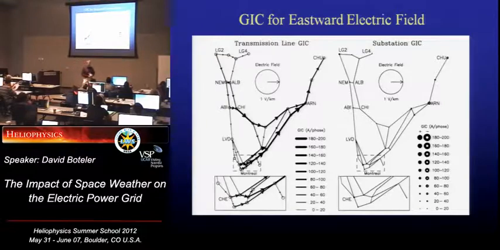Actually, what are the time scales involved during the course of a storm, such a huge event? Sorry, yes, what are the time scales of the event? You mean for the outage in the power system?